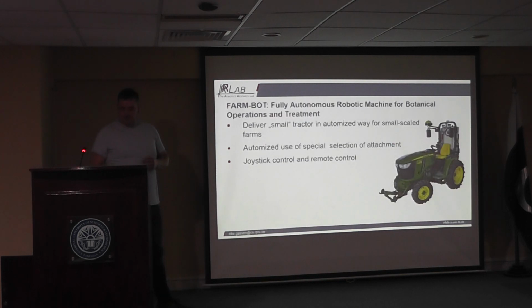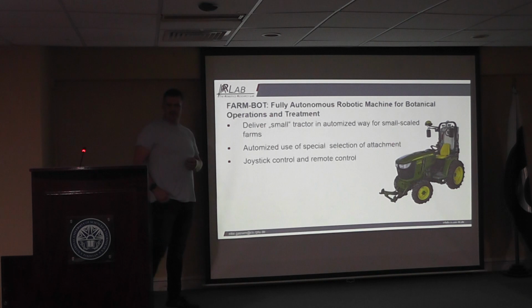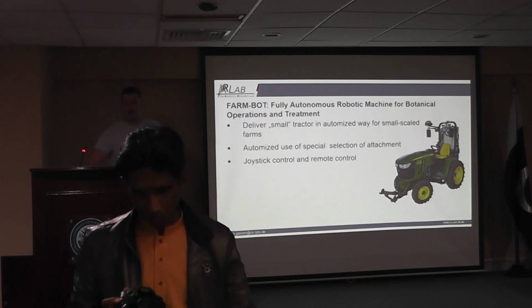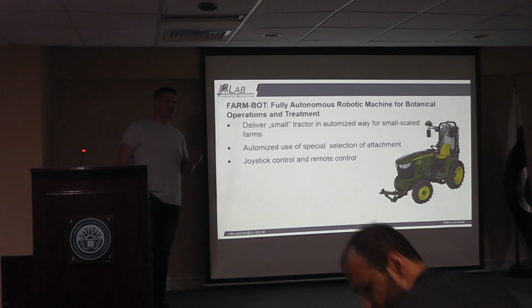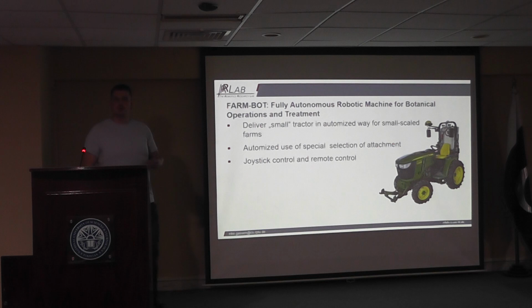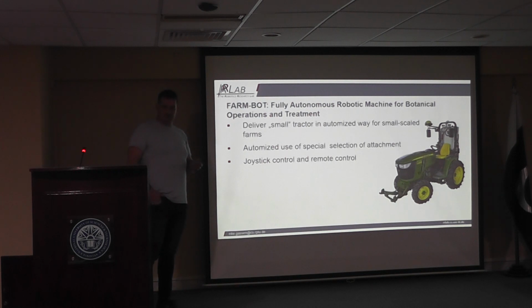So first we got this FarmBot, here a picture on the right hand side. It's a standard tractor from the John Deere company, and we got the following task. We want to deliver a small tractor in an optimized way for smaller scale farms, because right now these highly autonomous tractors are in general very large, huge machines for huge farms, but there are not so many robots for the smaller farms.